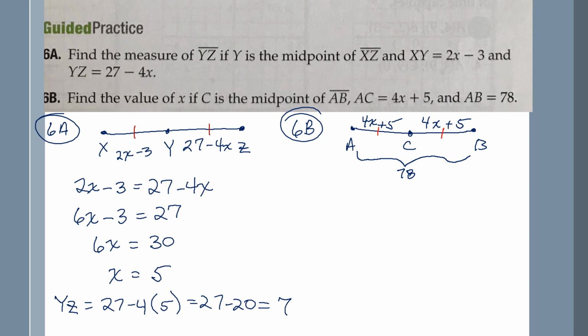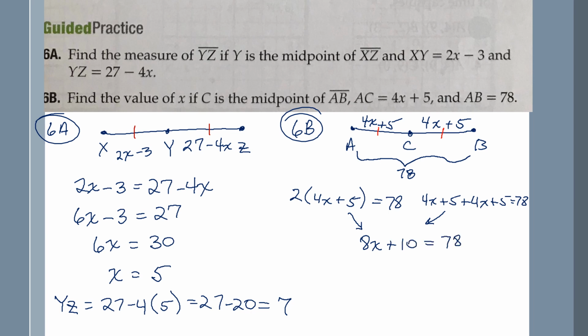I can multiply using the distributive property: 2 times 4X plus 5 equals 78. Or I could have just done 4X plus 5 plus 4X plus 5 equals 78. You're going to end up with the same equation here, which is 8X plus 10 equals 78.